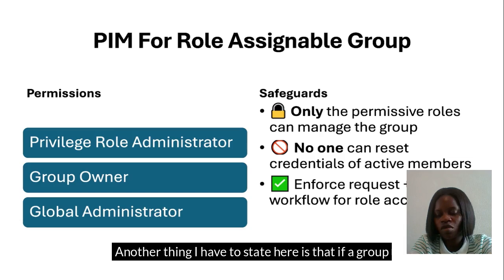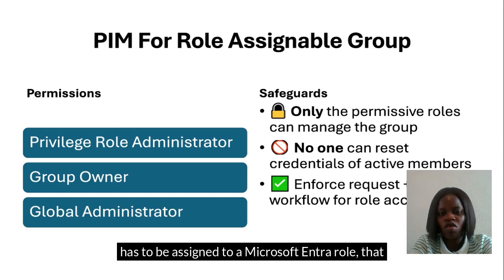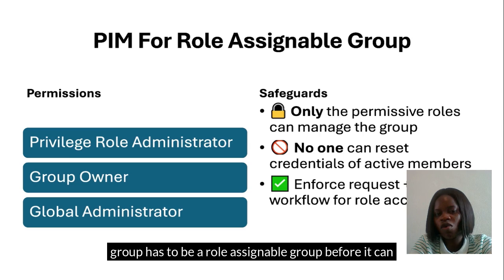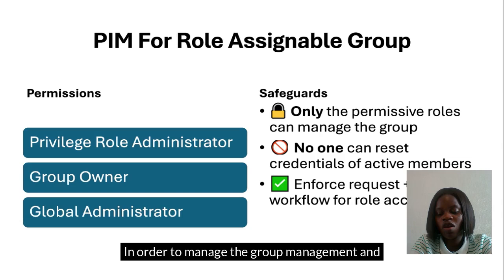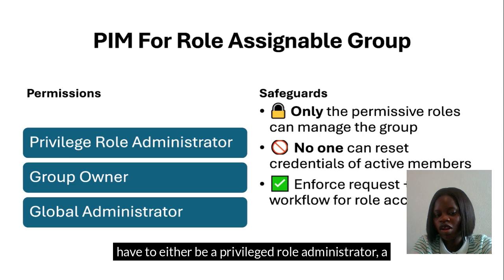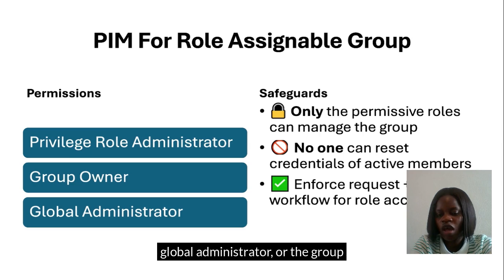Another thing I have to state here is that if a group has to be assigned to a Microsoft Entra role, that group has to be a role assignable group before it can be managed using PIM. In order to manage the group management and permissions of role assignable groups in PIM, you have to be a privileged role administrator, a global administrator, or the group owner of that specific group.